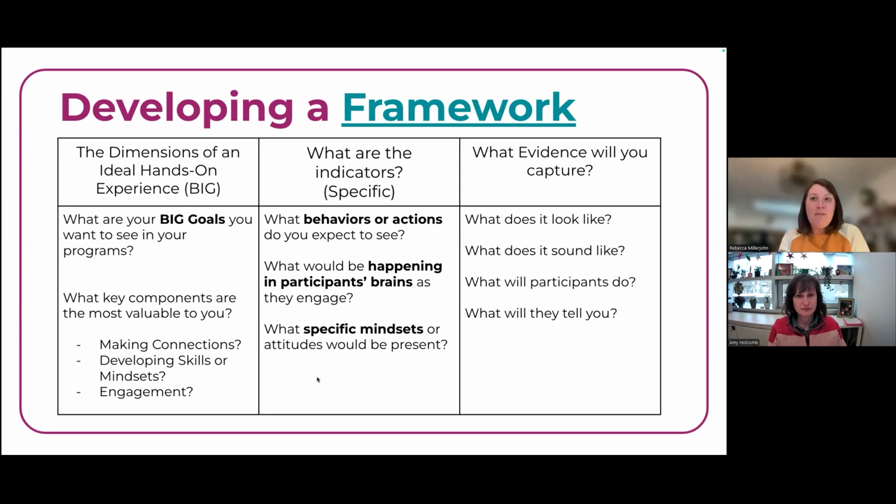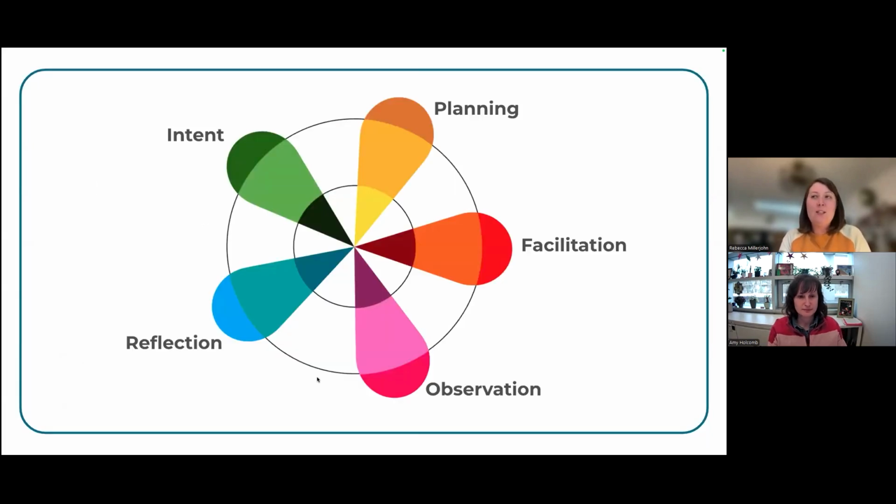And then what evidence would you actually capture? So what does that look like in motion, and how do you prove that you see those things happening? All with the sake of saying that you're going to plan a better program, right? You have intent with your goals, you plan your program accordingly, you facilitate it, you do your observation, and then you reflect on your success.